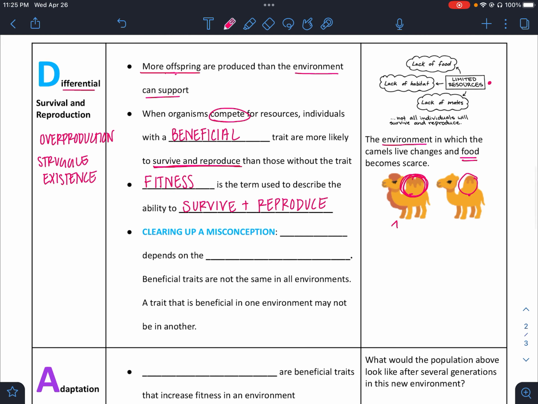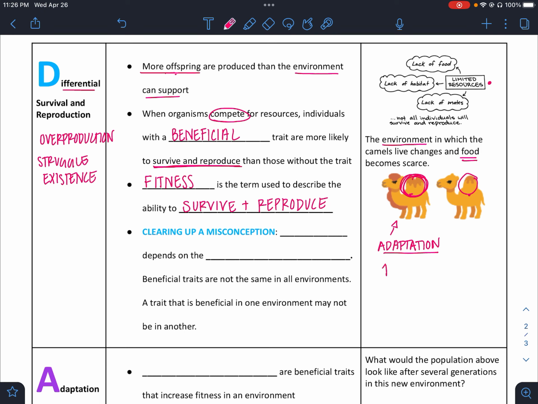So here, the adaptation, okay, or that thing that increases survival, is going to be the two humps.